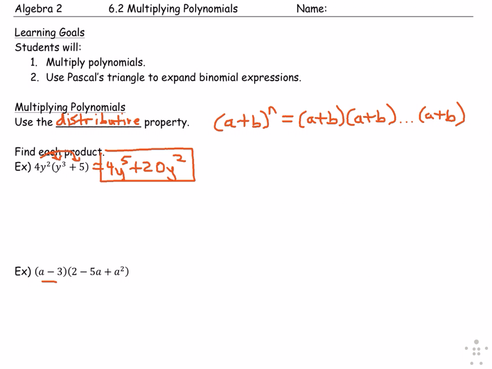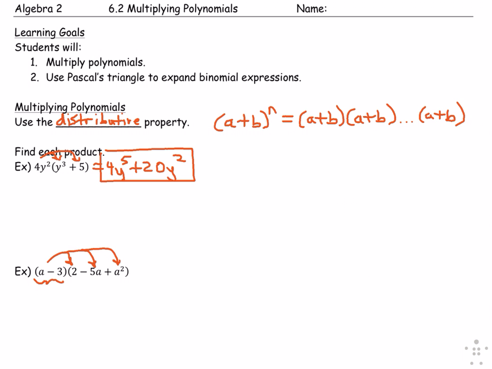So next we have a binomial times a trinomial, and so we are going to have 2 times 3 or 6 terms before we combine like terms. So I like to take the polynomial with fewer terms and distribute it across the other polynomial.